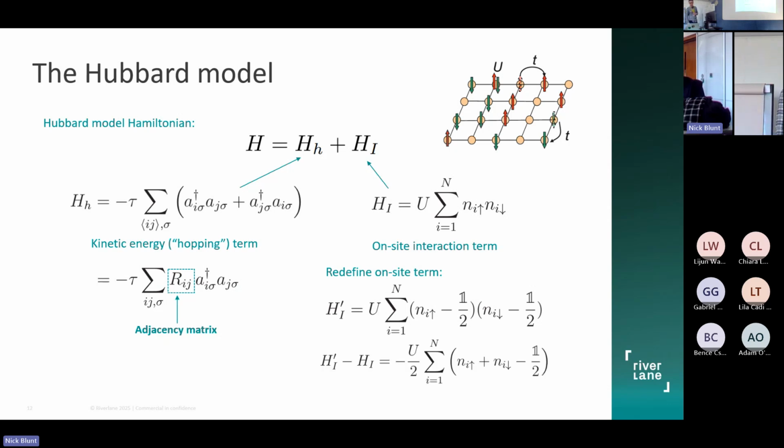The reason that this is okay to do is that if you look at the difference between the two interaction terms, this turns out to be a constant, because you're summing over all sites on the lattice, both the spin up and spin down electrons. So this is just the total number operator. And for any eigenstate of the Hamiltonian, the number of electrons is fixed, and so this is just a constant. If you want to, you can just correct for this afterwards.